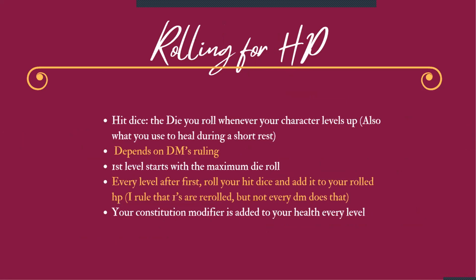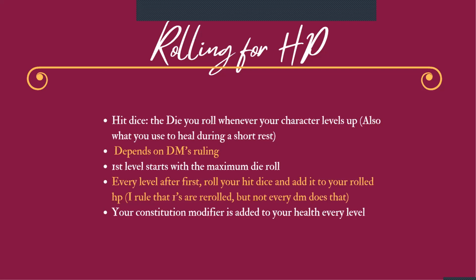So hit dice is the die that you roll whenever your DM allows your character to level up, maybe through XP or milestone, who knows? It depends on the DM's ruling, but usually first level is the maximum die roll, so you have at least something at first level.